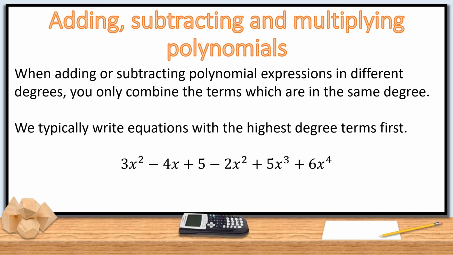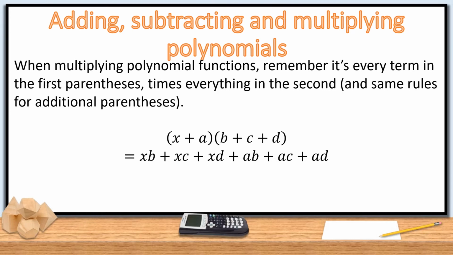So when we look at this, there are x squareds, there are x's, there are x cubes, and then there's x to the power of 4. And then there's also the constant 5. So there are different degrees of x all throughout this. There's only 2 that match, and that's the x squared.